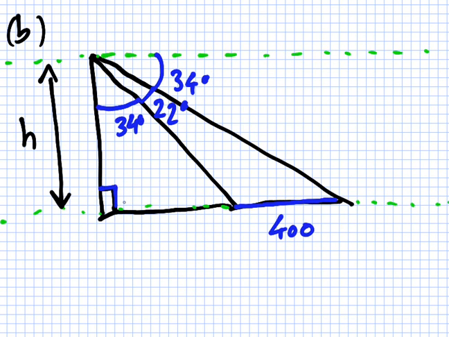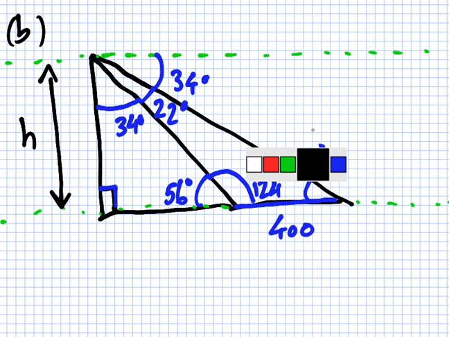There's a 90 here, and it must add up to 180, so 180 minus 90 minus 34 gives me this angle, 56. And this angle here is 180 minus 56, that's 124. And then this angle here will be 180 minus 22 minus 124, so that angle there is 34 degrees. So we have all our angles, so let's talk about sides.